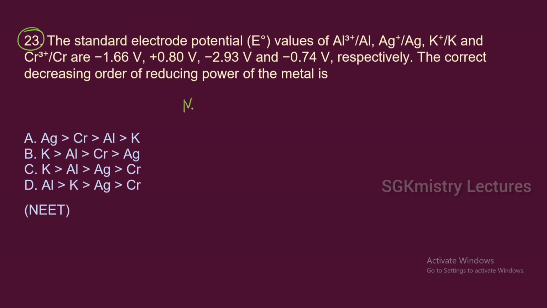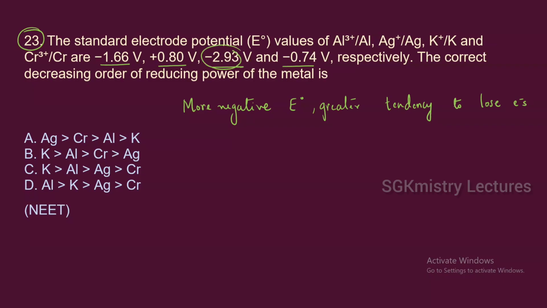The more negative the E0 value, the greater is the tendency to lose electrons. This is one basic rule you need to keep in mind. If the E0 value is more negative, then the tendency of that particular metal to lose electrons is also higher. So we have here minus 1.66, plus 0.8, minus 2.93, minus 0.74.